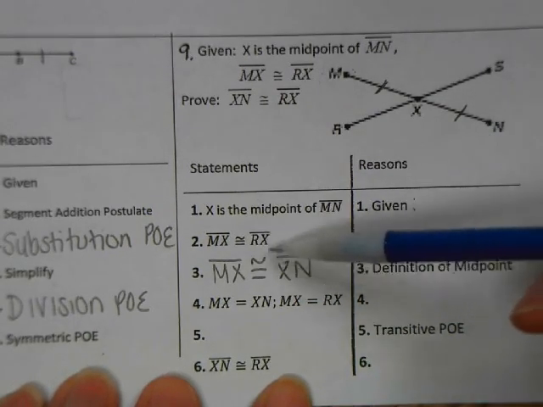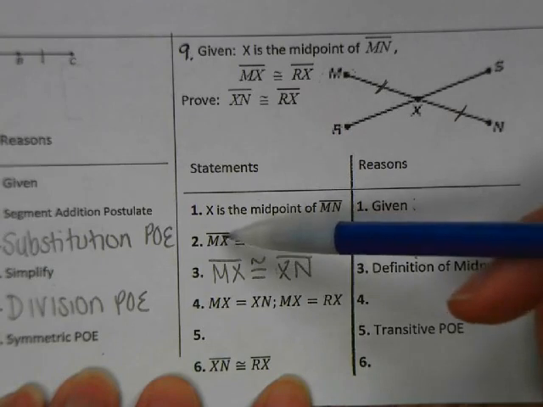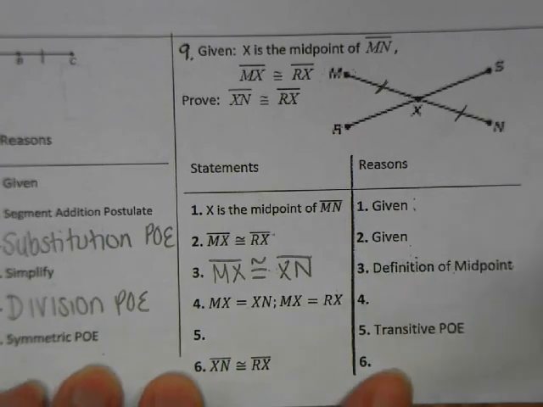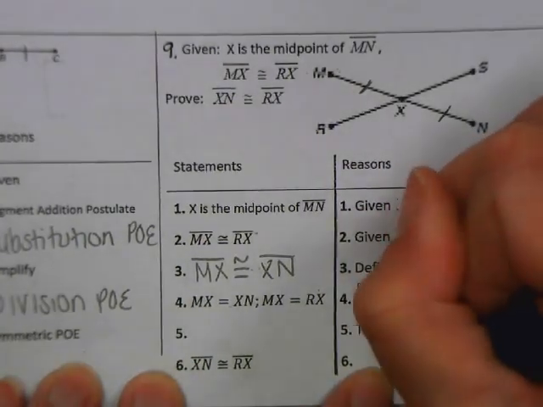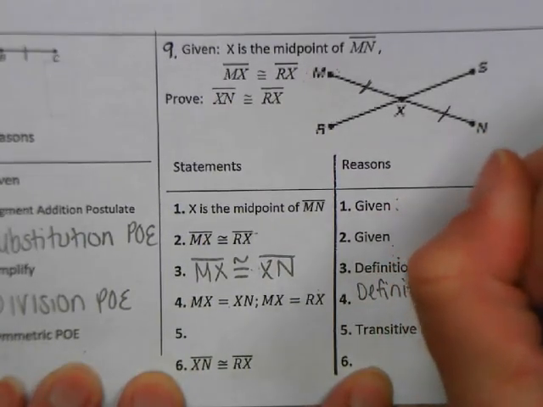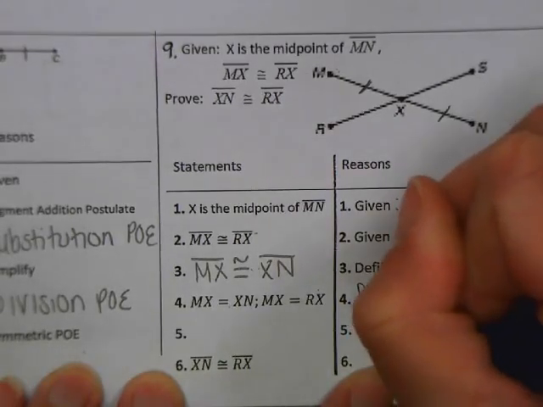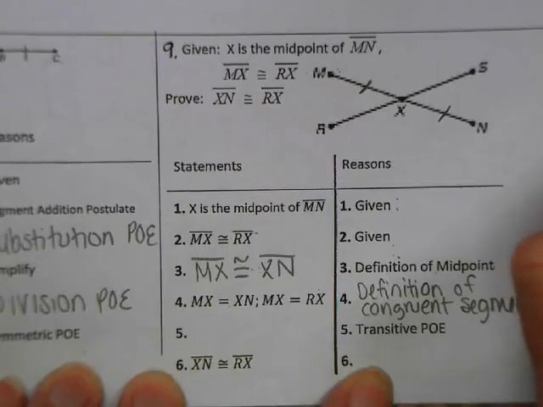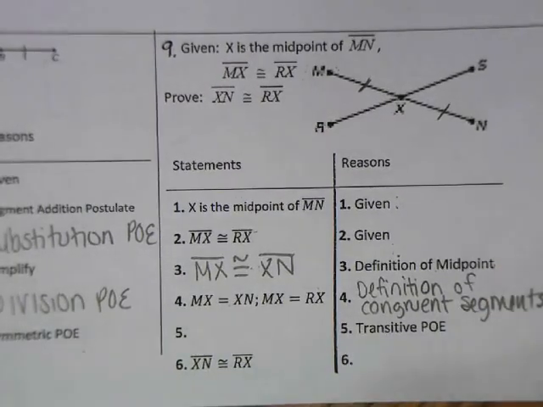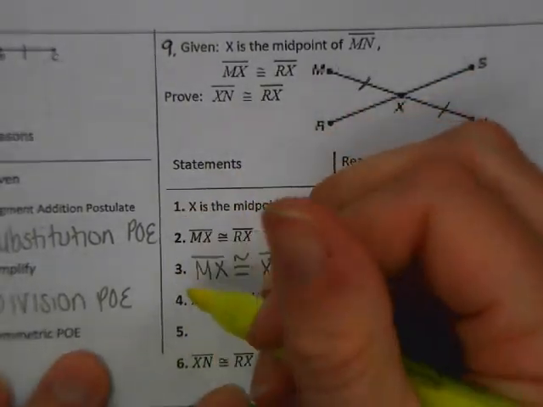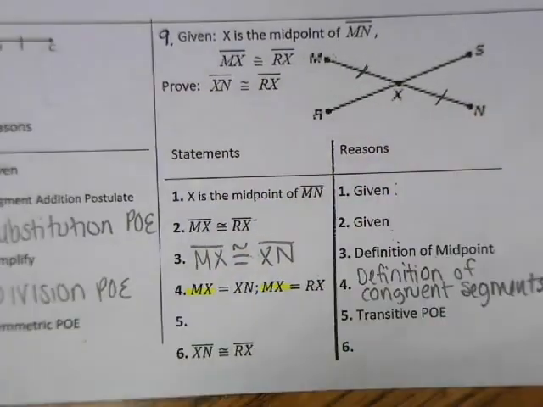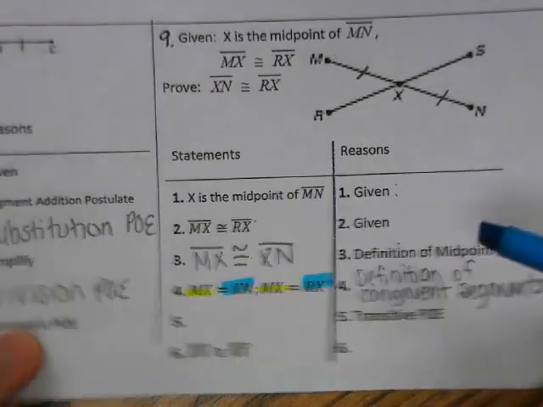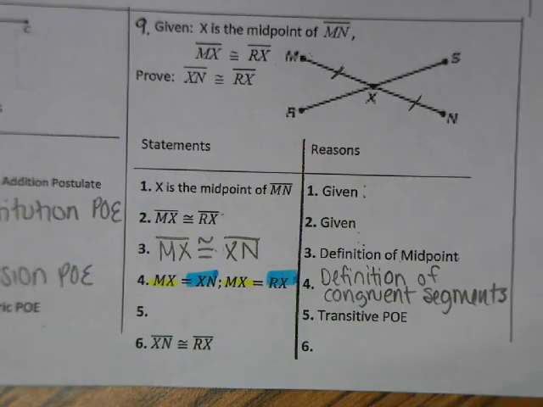Then we took statements 2 and 3, and we went from a congruent sign to an equal sign, a congruent sign to an equal sign, and that's because of the definition of congruent segments. And now, MX is congruent to 2 different segments, XN and RX.